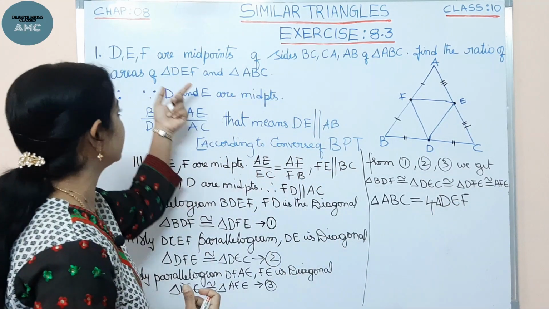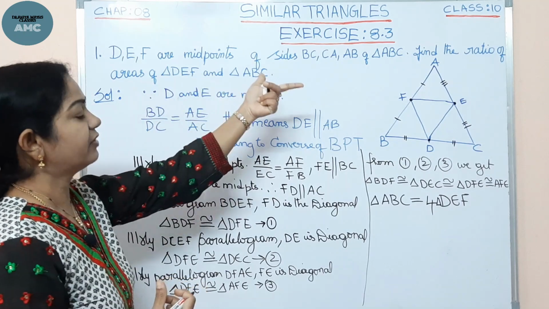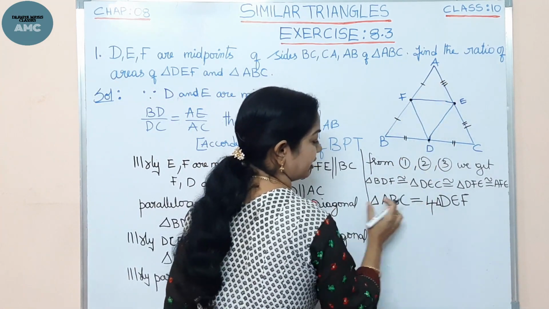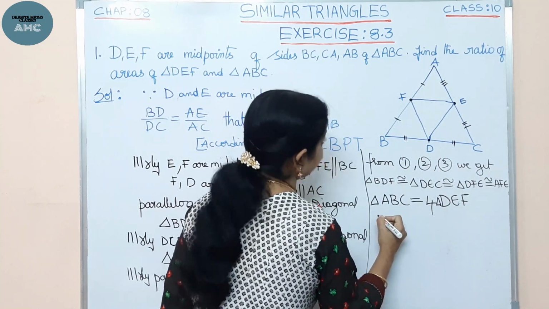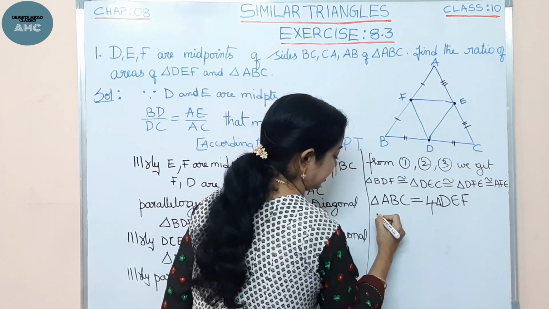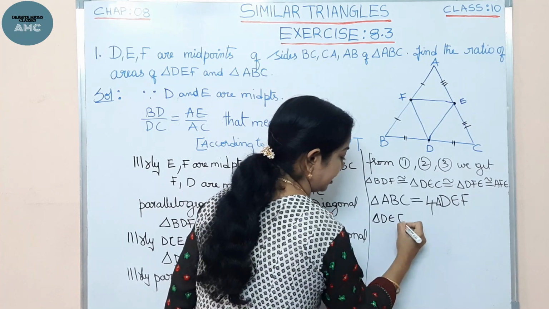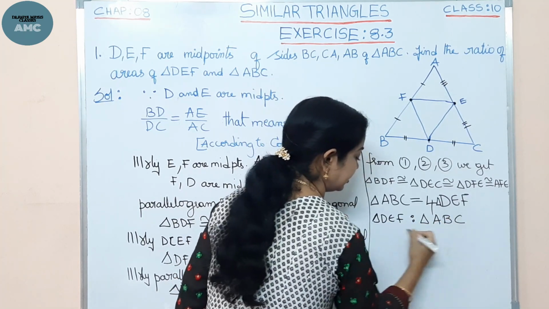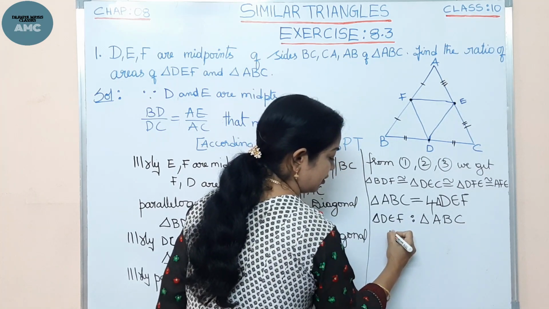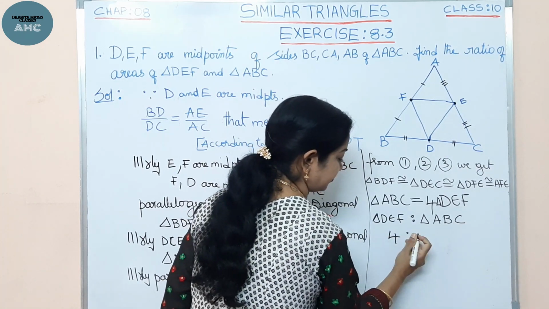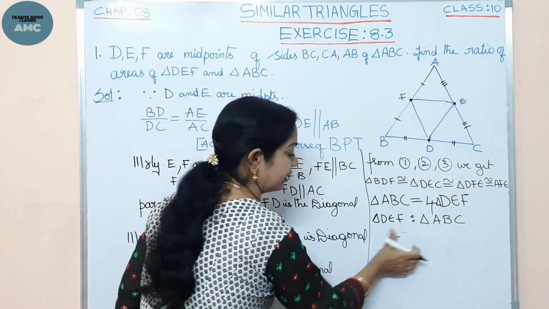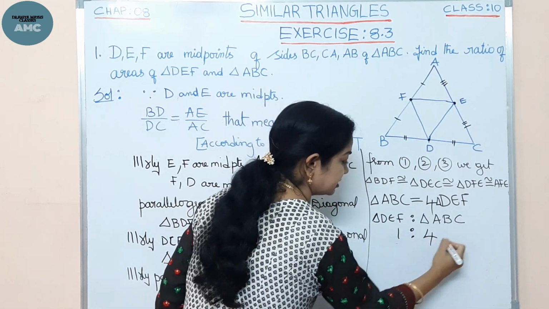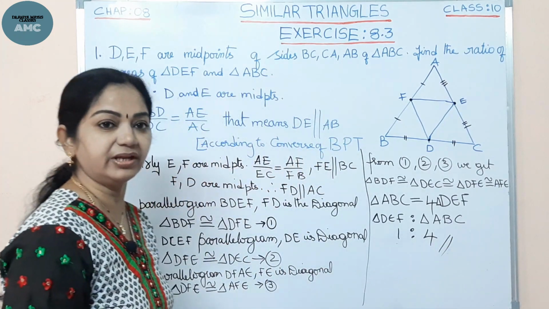Now here asked is to find the ratio of their areas. The ratio of triangle DEF to triangle ABC, DEF is a smaller one, 1 is to 4 is the ratio of the area.